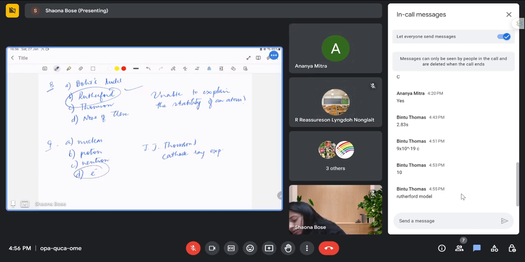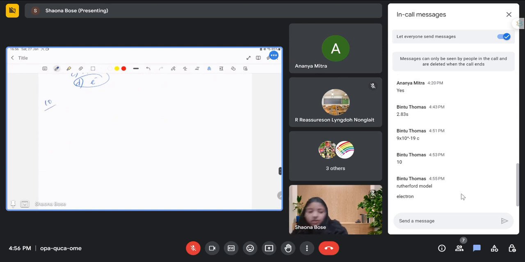Electron. Yes, right. Okay, I think for the first time I heard somebody else speaking. Please keep it up.